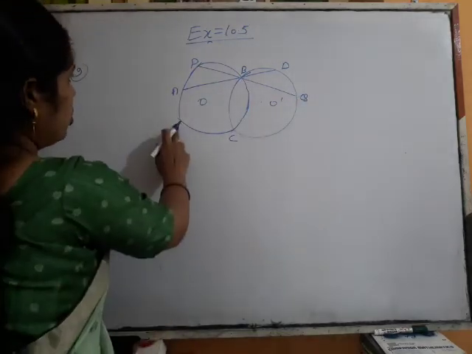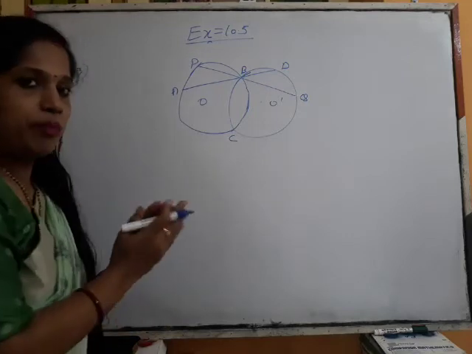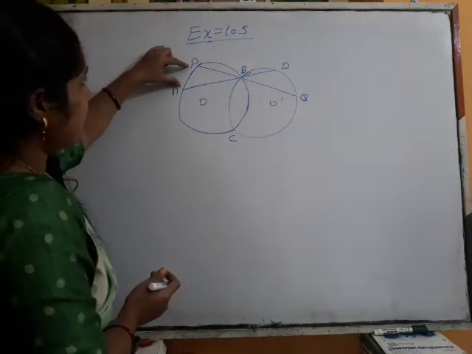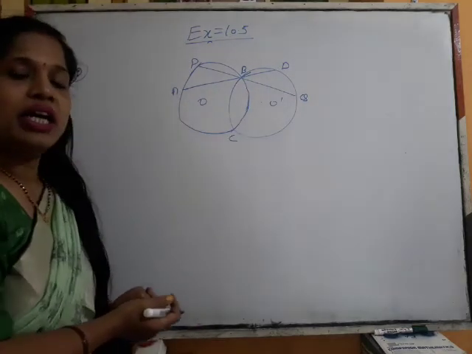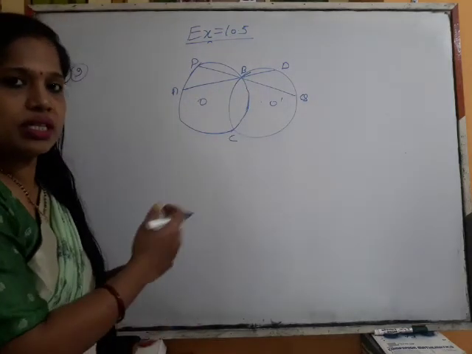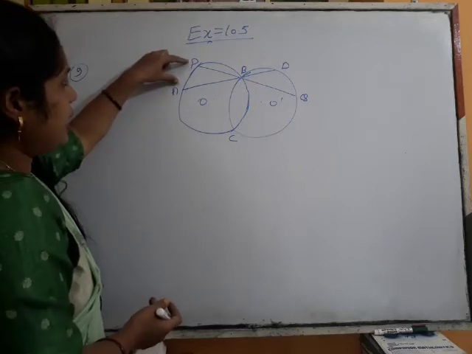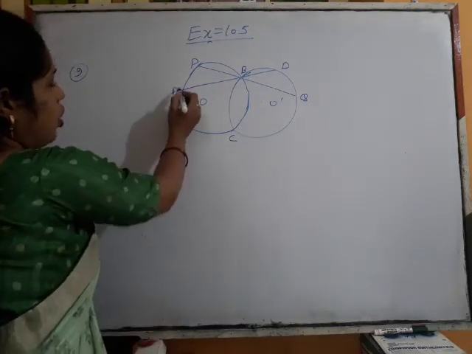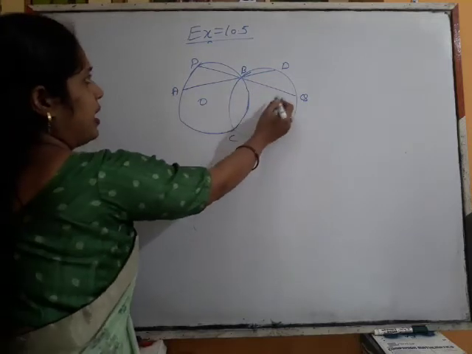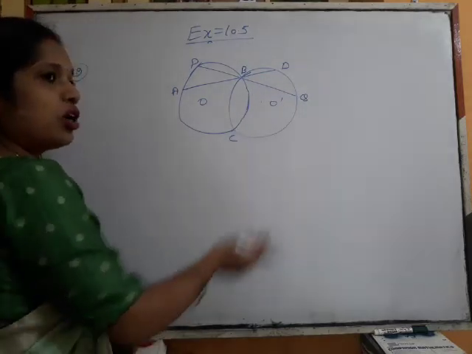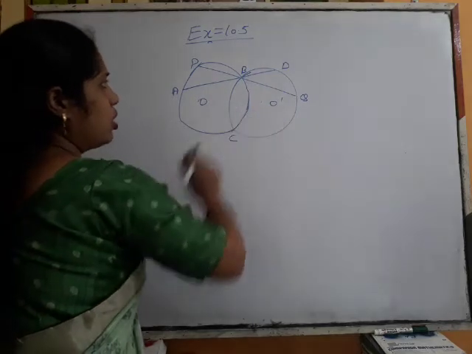So this was the initial part of the question. This PA and this DQ are actually the arcs of both the circles. AP is the arc of this circle which has the center O, and DQ is an arc of the circle which has center O dash.